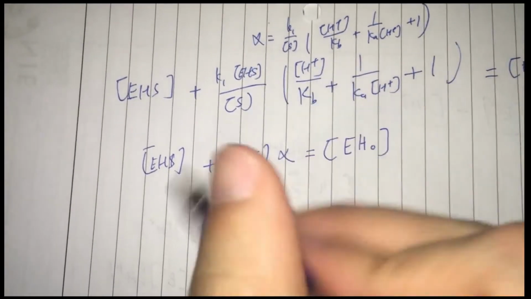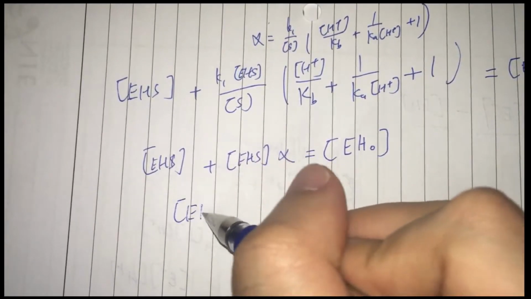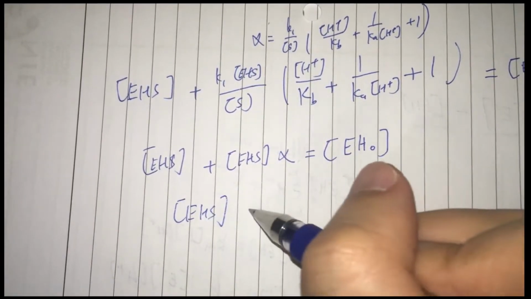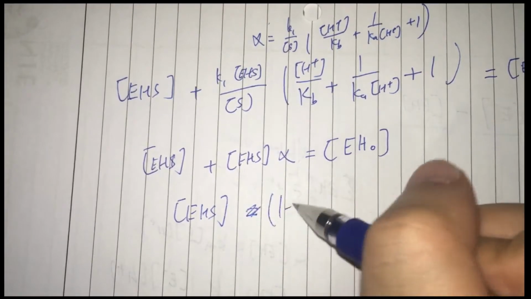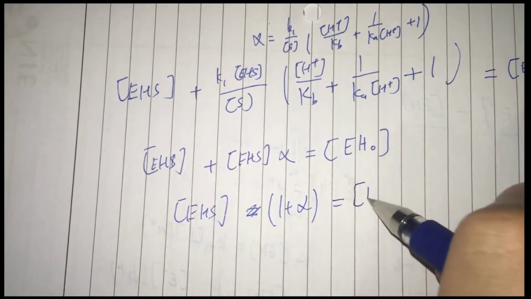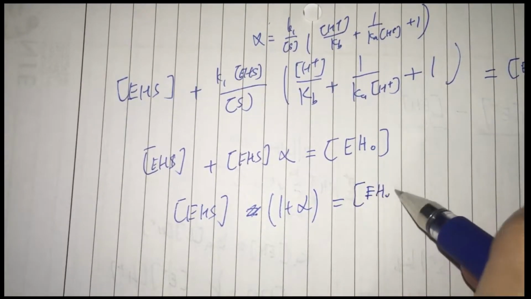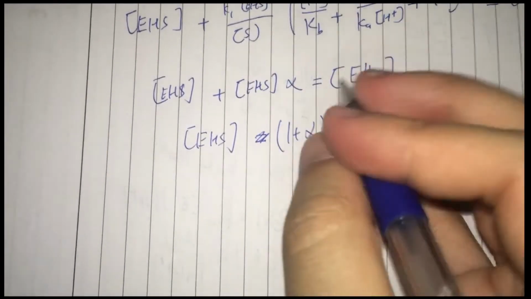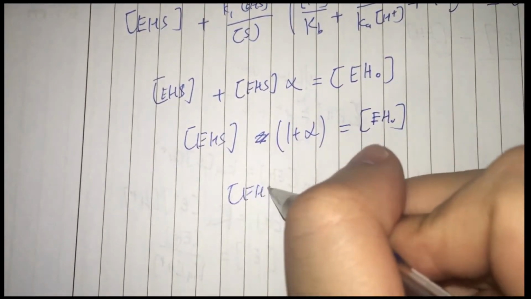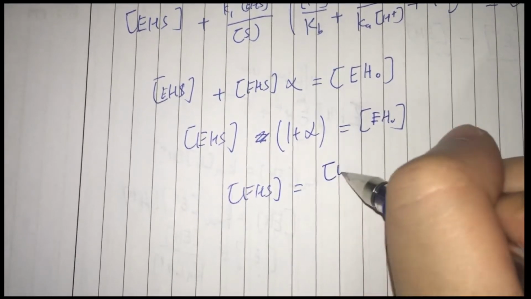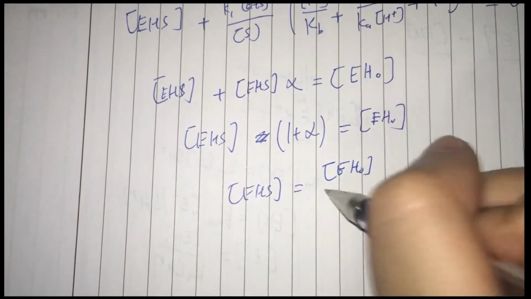So okay, let's go: EHS times 1 plus alpha equals EH naught. So that makes it a lot simpler to manipulate, so you don't have to write it so many times.